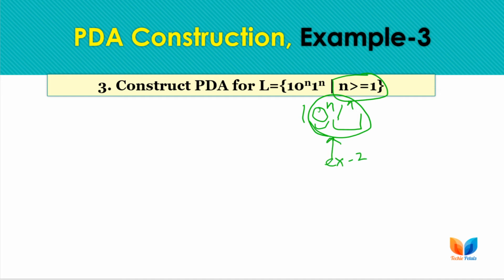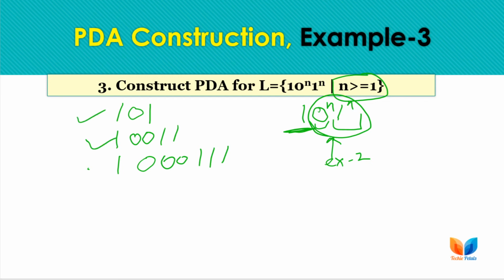The minimum string is 101, the next possible string can be 10011, and so on: any number of 0s followed by the same number of 1s. These are the acceptable strings for this question.